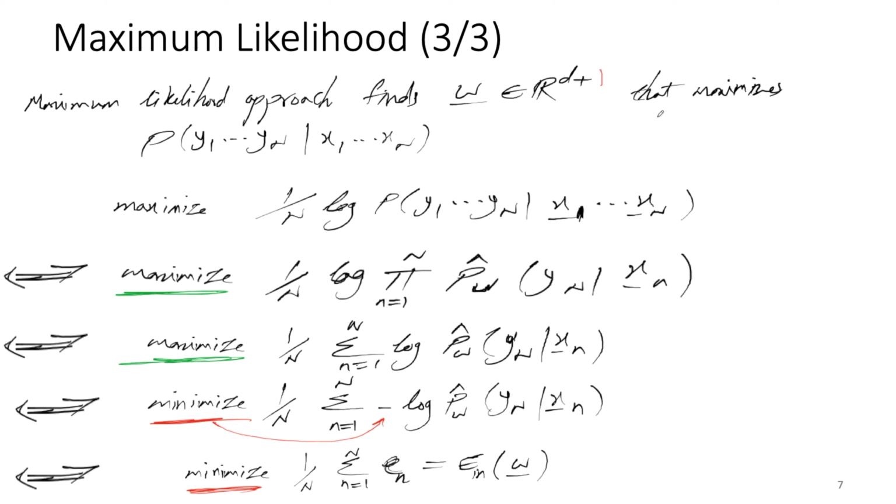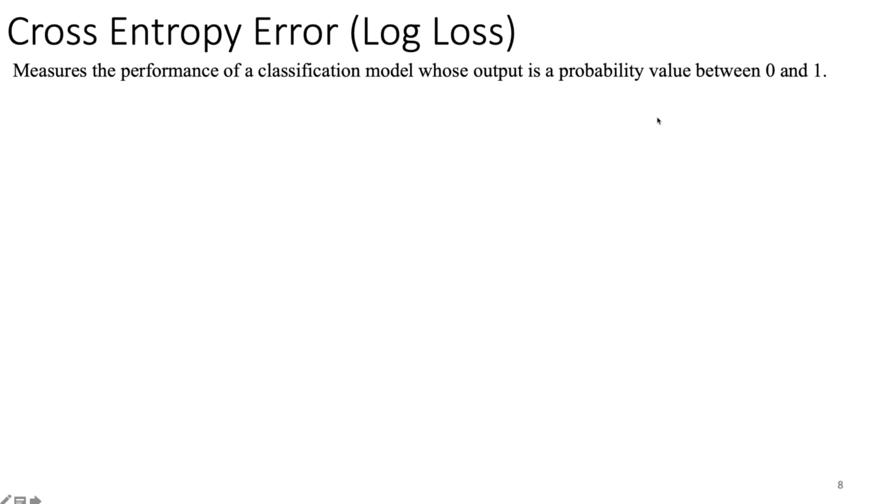So with 7 bits, you can encode a certain bandwidth of the signal. But here, we're talking about the continuous world, so we can also use that within the probability we have. So it's called cross entropy error or log loss.